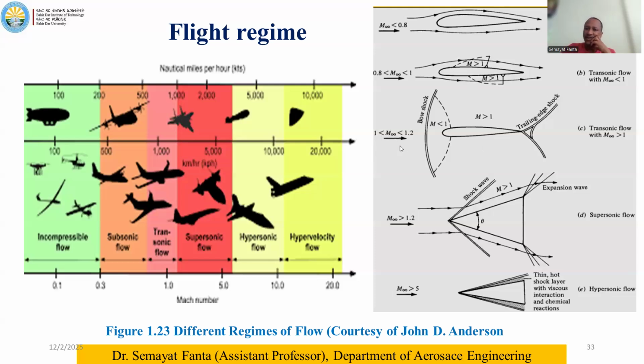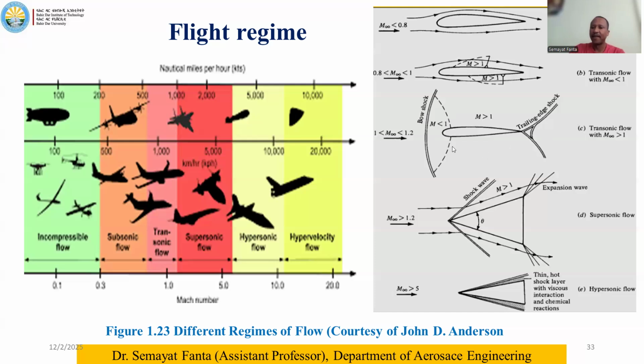Another is transonic, that 1 up to 1.2, which might have another shock wave. The bow shock is created in front of the object, and a trailing edge shock wave also happens here. Two types of shock waves: the trailing edge shock wave at the behind of the aerofoil, and the bow shock wave, which is very thick in front. So there are two types of characteristics.